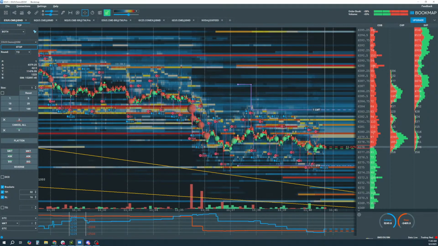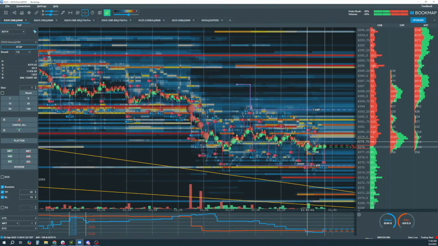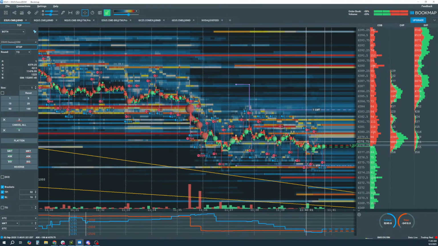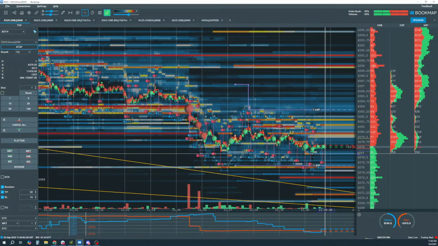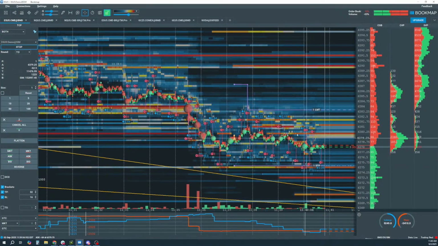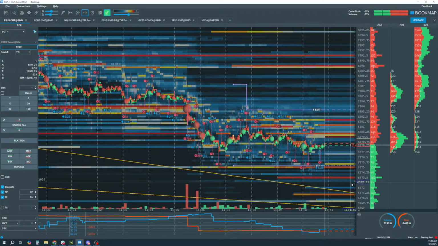So if we can't get these buyers, and they can't get it higher, they're going to be sellers down here. All of these buyers in here are going to be sellers down in here.